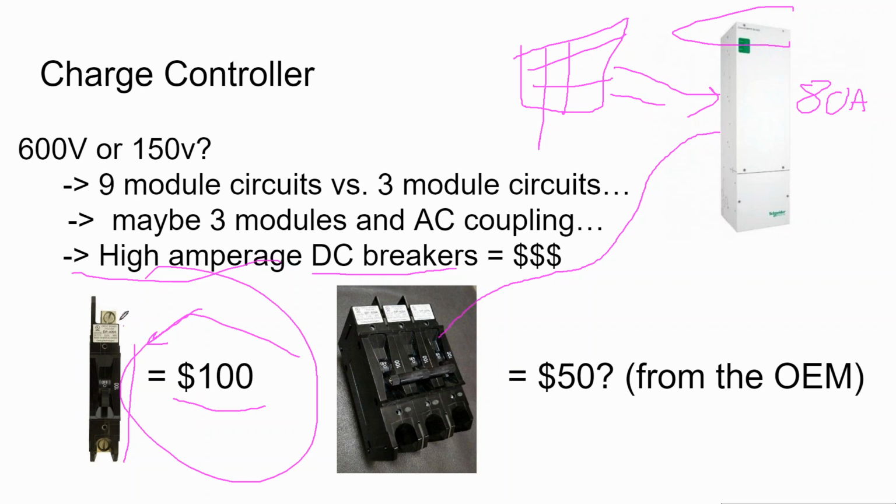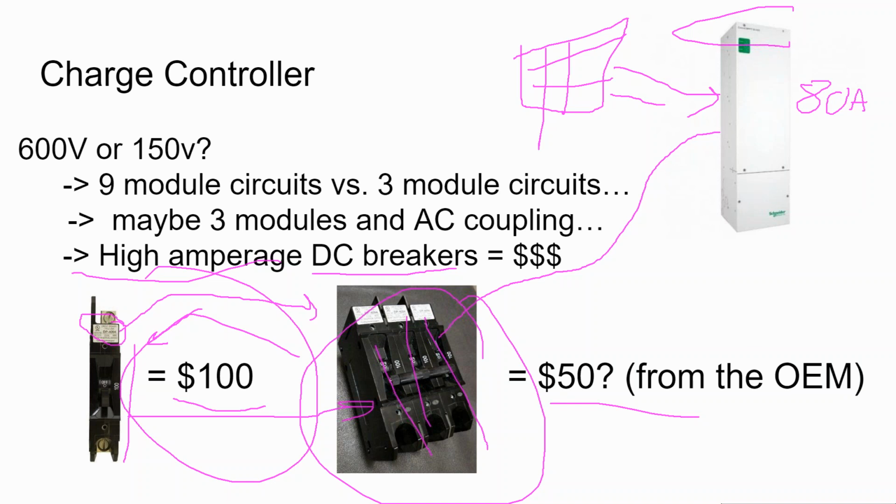Well, what I did is I looked at the original equipment manufacturer of the DC breaker and typed that into eBay and found that it's not Schneider making these breakers. And I was actually able to find a 3 single pole breaker pack for less than $50 total. It's literally the exact same breaker that Schneider was selling for $100 a pop.